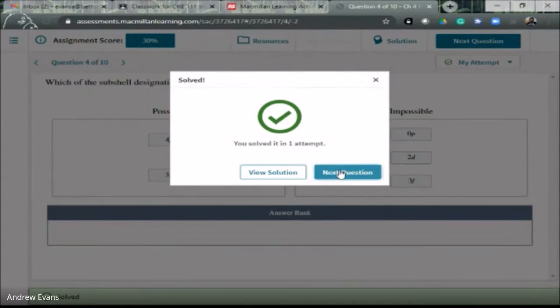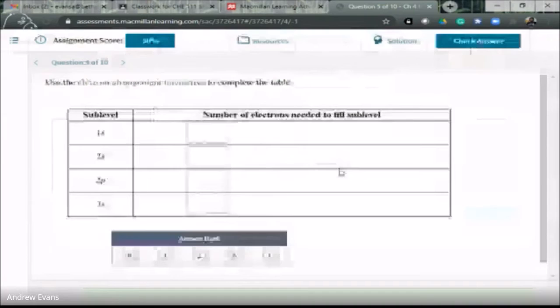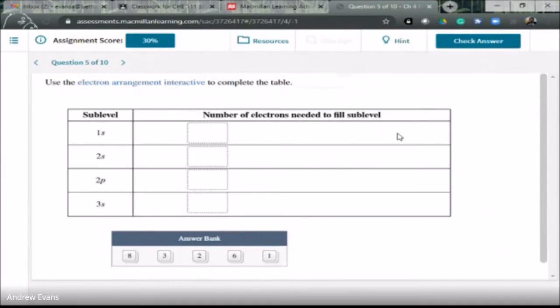Looking at the quantum numbers and how those work, how many electrons does each need to fill? We're not looking at the row, we're looking at the shape. With the s orbitals, how many electrons can be filled into the s? Well, 2.